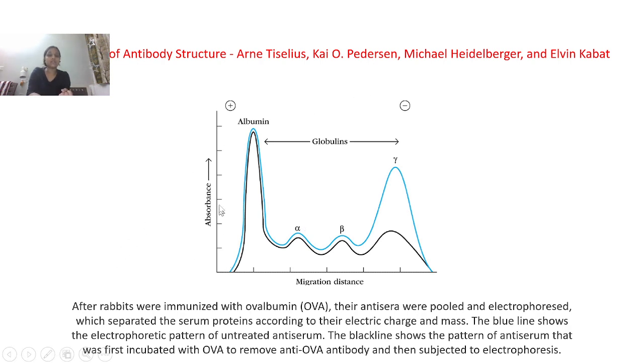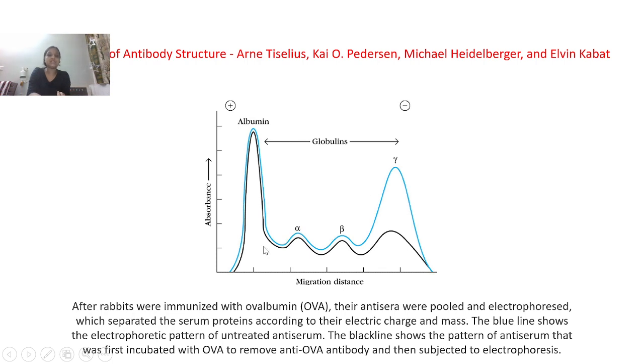So one protein gave a big peak, and it was obvious that albumin was the most abundant protein in our serum. Apart from that, they got three other peaks. Apart from this albumin, these other three peaks they gave the name globulin.